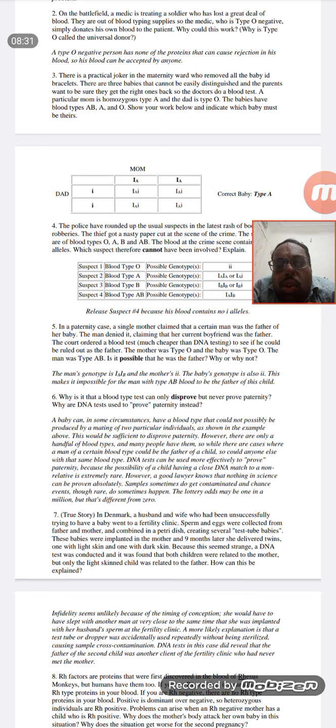When you see the cross matching, they are getting capital I A small i, that means all of them are heterozygous A. So the babies' blood group should be A. So the doctor can say that the baby having the A blood type belongs to the respective parents.